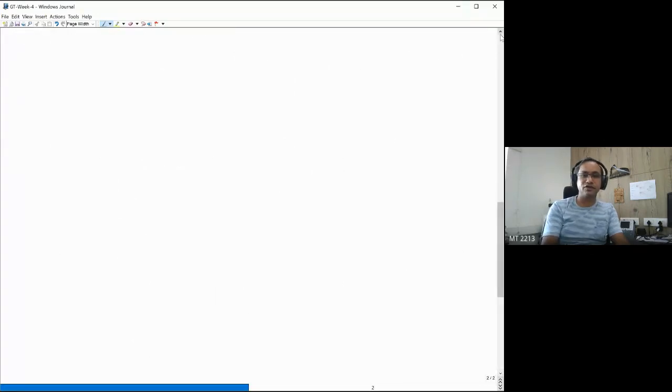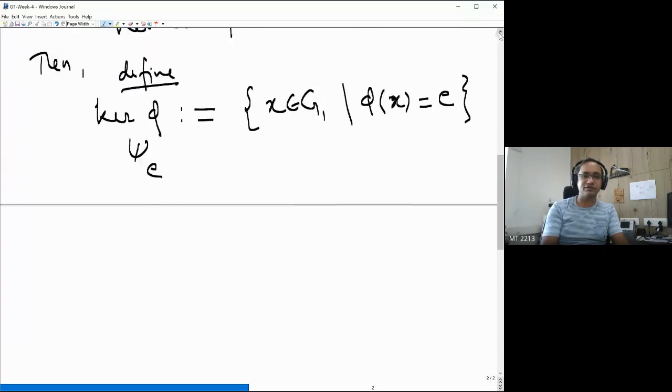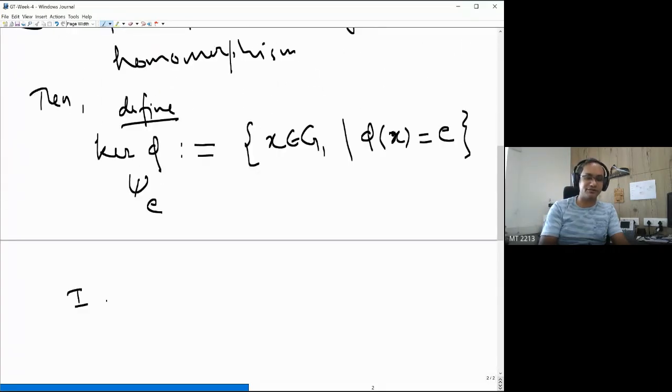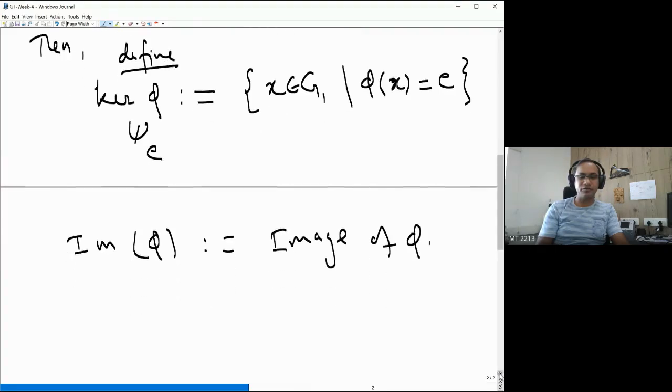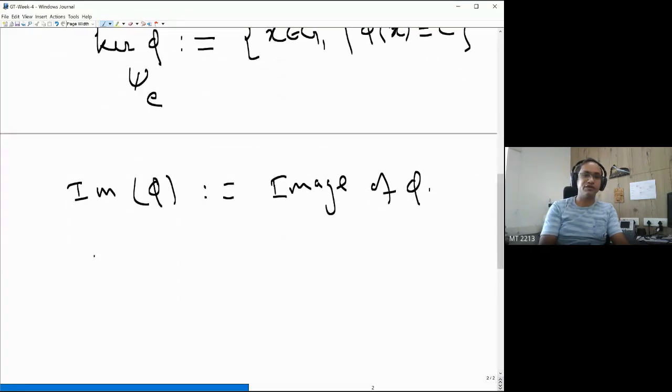And we can also define the image of this map. We also know what the image of this map is. Simply we'll denote it by im phi. So given a group homomorphism, we can have the kernel of phi and the image of phi.